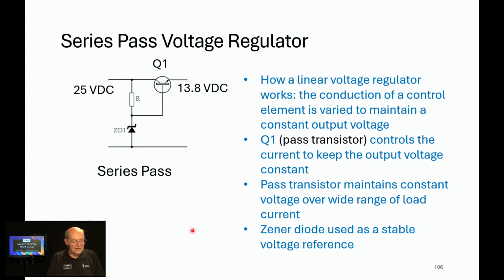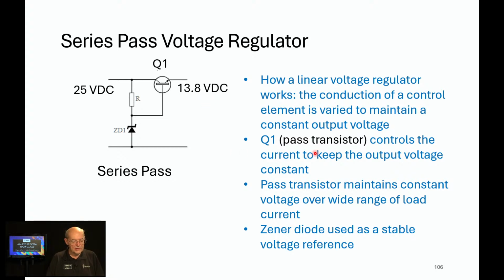All right, so how does it work? Pool question on that says the conduction of a control element is varied to maintain a constant output voltage. Well, the control element is the transistor, and how hard that transistor is turned on, how hard it conducts, will cause different levels of current to supply the transceiver, holding the voltage at 13.8 the whole time.